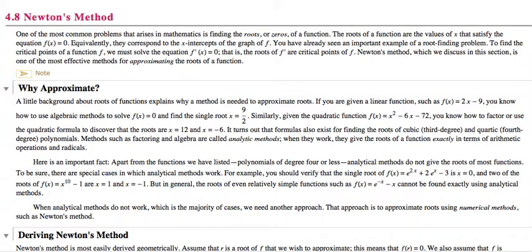Well, we can find the roots of a quadratic by using the quadratic formula. And we can find the roots of a linear function by using algebraic methods. Just like we've used the quadratic formula, there are formulas where we can find the roots of a cubic and quartic function.